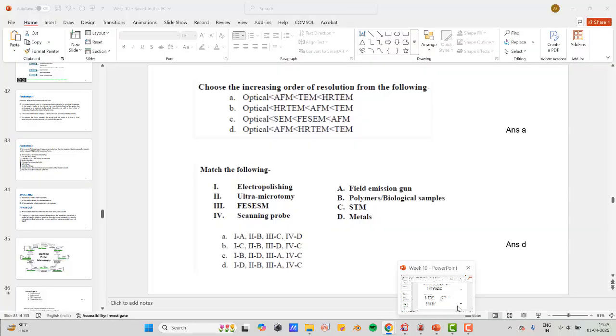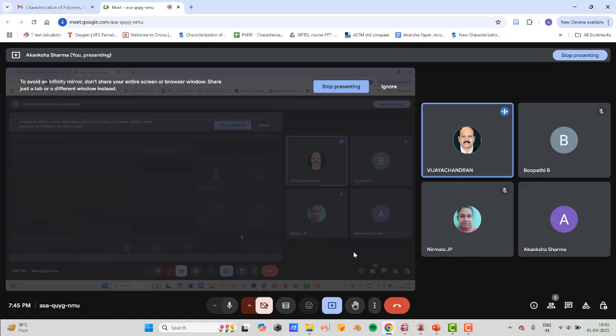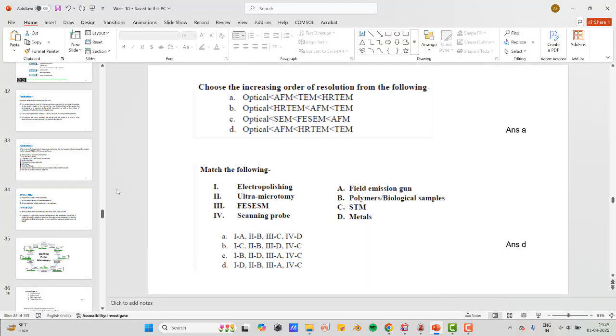Any questions? Okay. So the de Broglie equation.